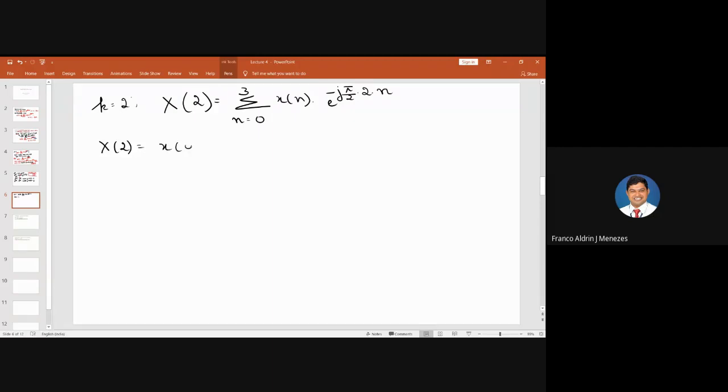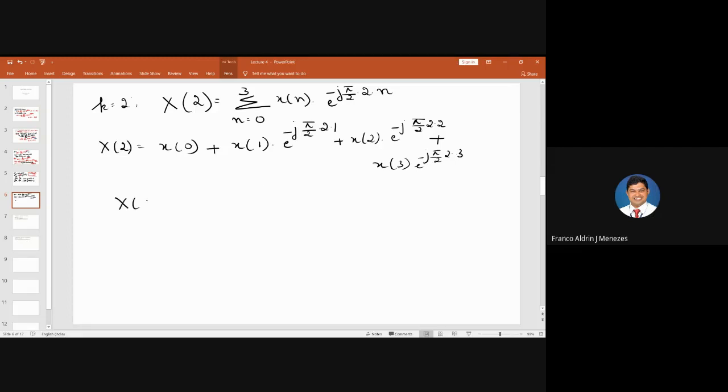So we will get for n is equal to 0 x of 0 and e to the power of 0 will be equal to 1 plus x of 1 into e to the power of minus j pi by 2 into 1 plus x of 2 into e to the power of minus j pi by 2 into 2 plus x of 3 e to the power of minus j pi by 2 into 3.